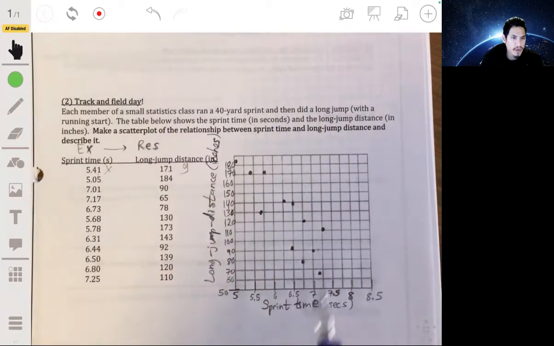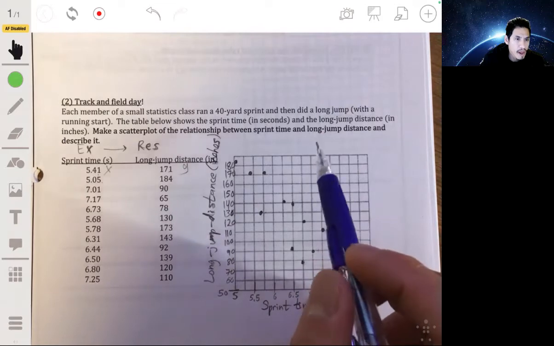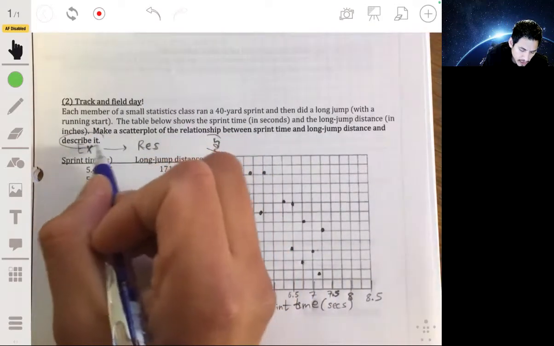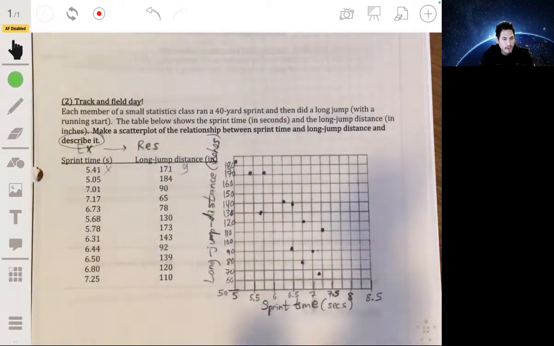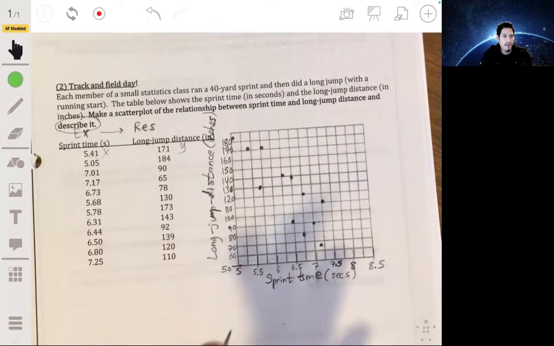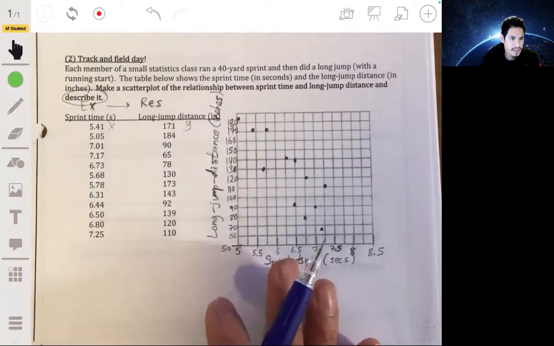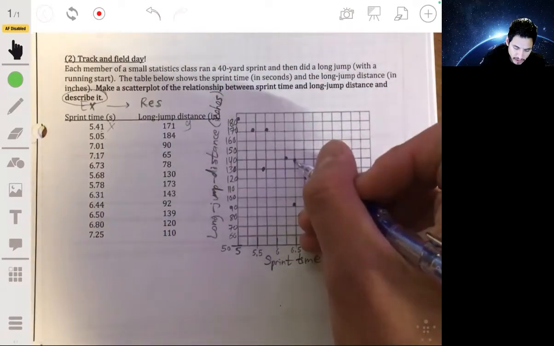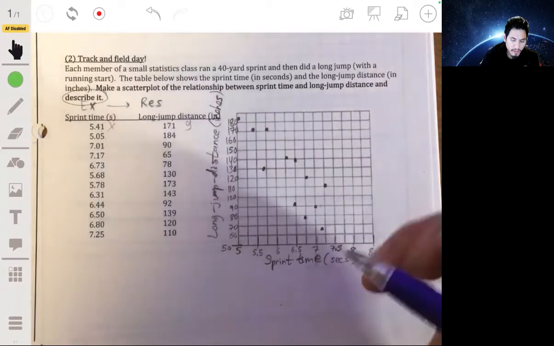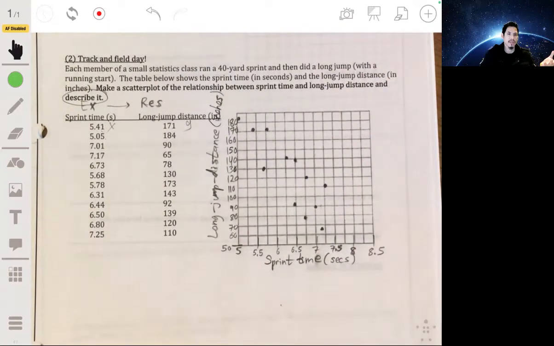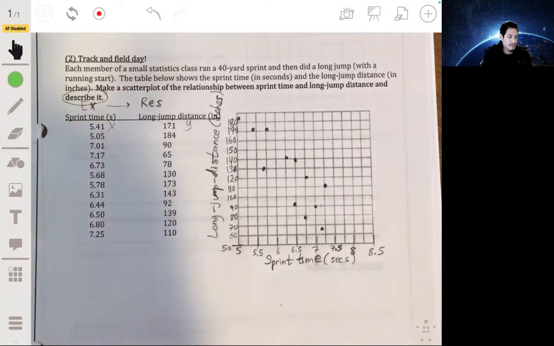So when we describe a relationship, we need to make sure we address the direction, any outliers, strength, and form, and we put it in context. For now, we haven't learned too much about what the forms could be or what the strengths could be, so we're going to use a loose description.